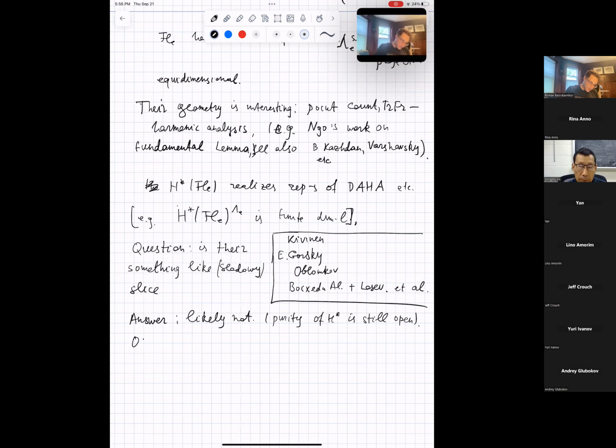Our result is a construction of something like this. It gives a positive answer for some E, for some Springer fibers. And again, the overall idea is not new at all, but we just show exactly how to do that.